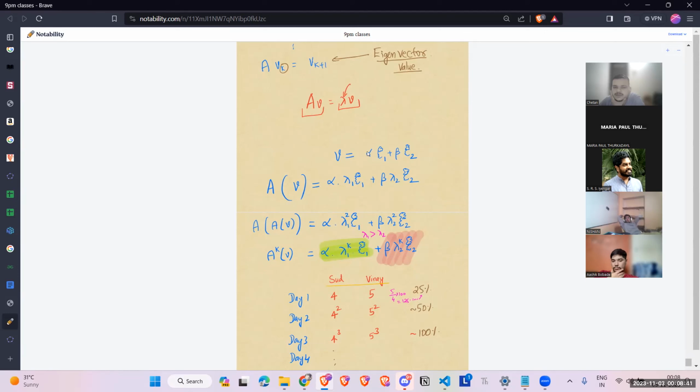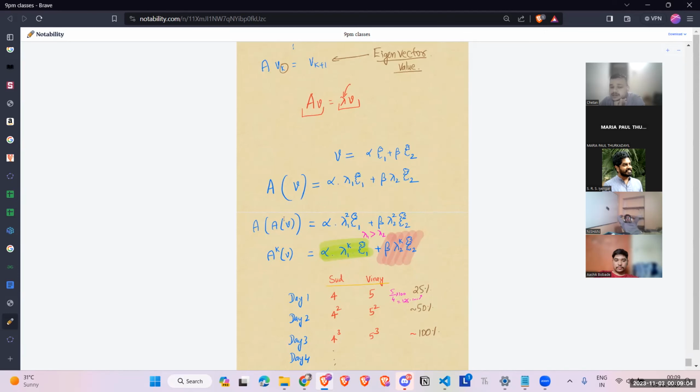Then we observe that when we input it to our matrix, it gives us some scalar times the vector, right? So we can write that as alpha times lambda 1 E1 plus beta times lambda 2 E2.